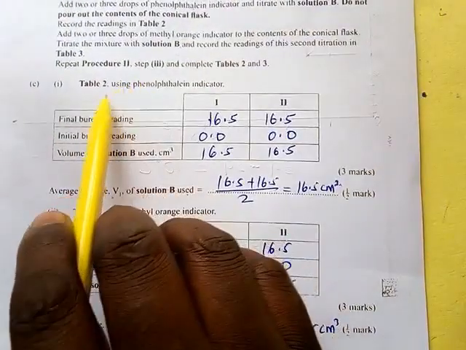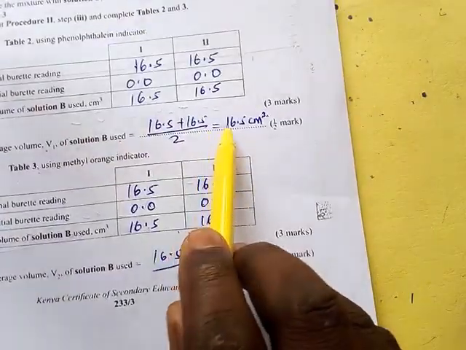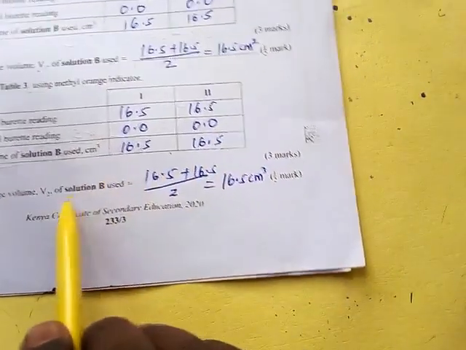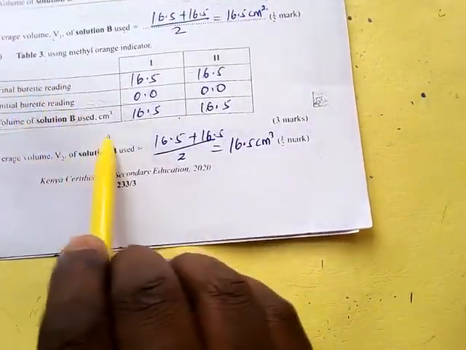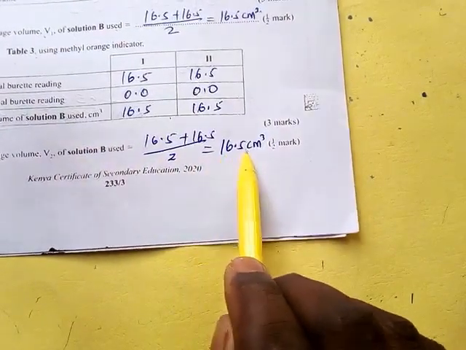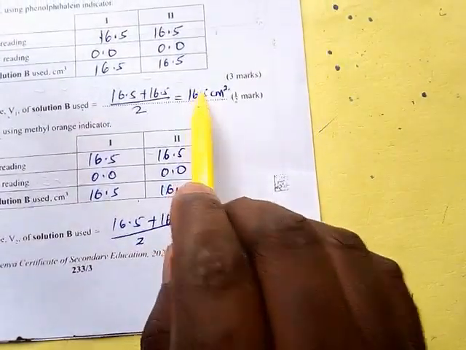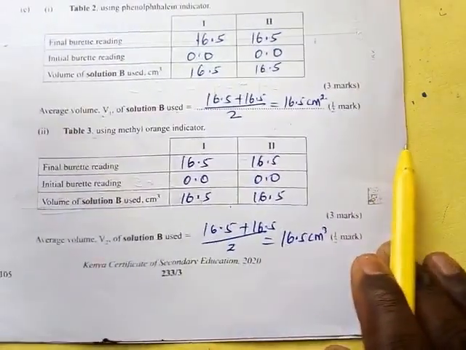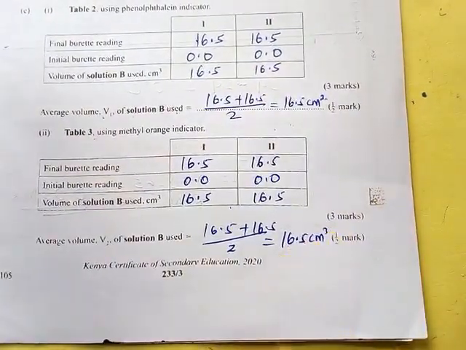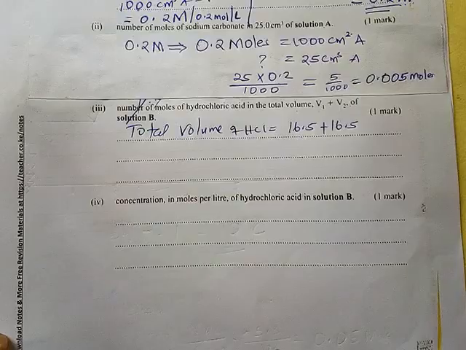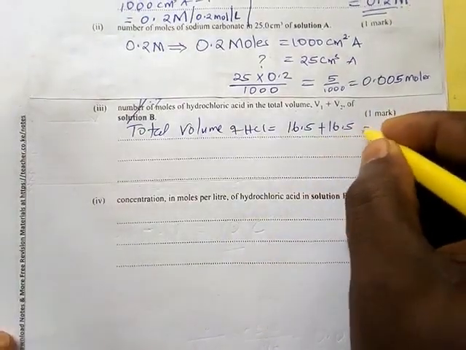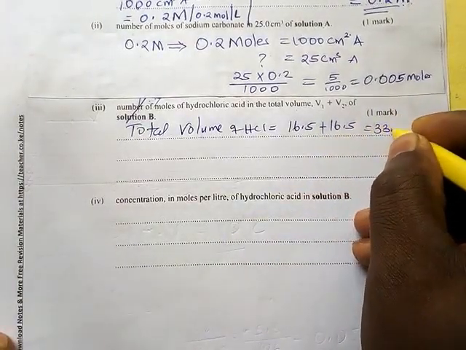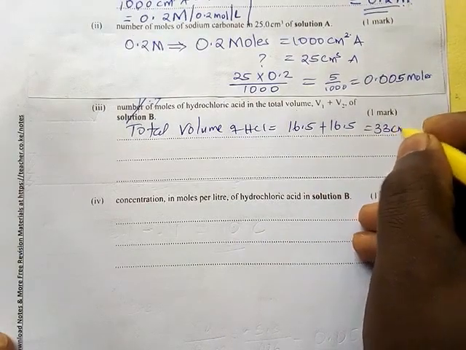Remember, in table 2 we had an average of 16.5, and in table 3 we had an average of 16.5. So 16.5 plus 16.5 will give us the total volume of HCl used. So don't worry where the 16 came from. This will give us 33 centimeters cube.